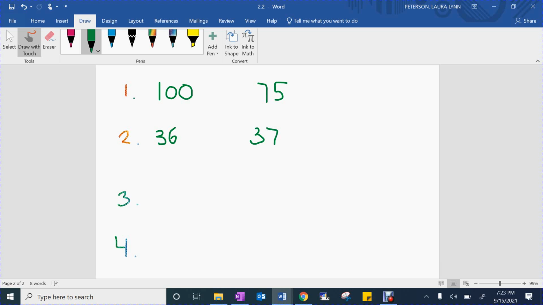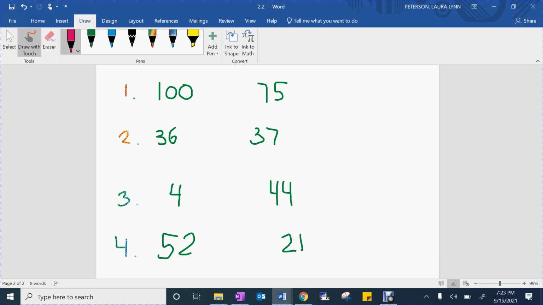Question 3, let's go with 4 and 44. And our last one, please write down 52 compared to 21.